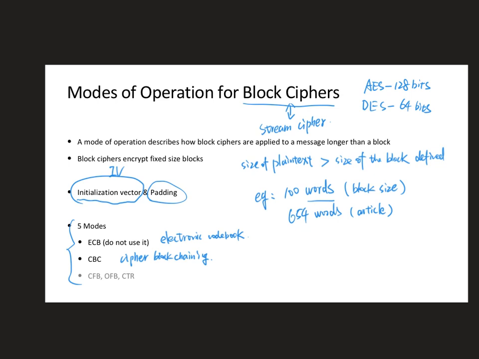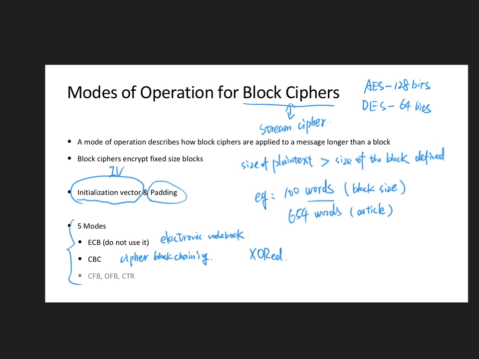In CBC mode, each block of plain text is XORed with the previous cipher block before being encrypted. This way, each ciphertext block depends on all plaintext blocks processed up to that point. To make each message unique, an initialization vector must be used in the first block.